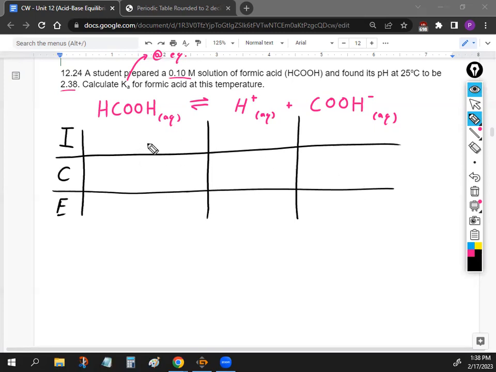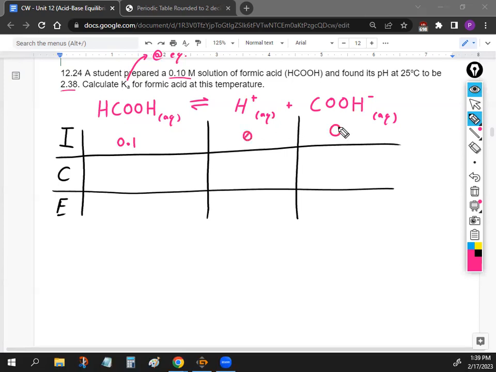It's ICE tables. So we start with 0.1 molarity formic acid. Where should we put it on this? I, C, or E? I, exactly. 0.1 molarity. And since it is going to dissociate in solution, what should we put for our values here? 0, yes.